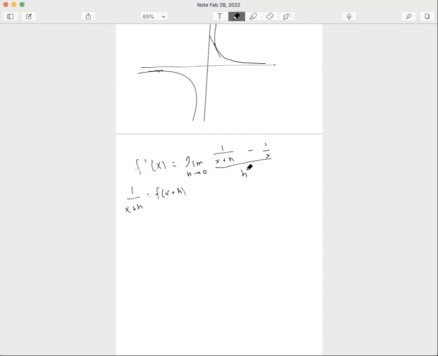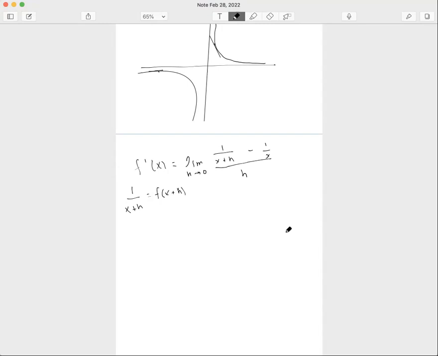All right, someone tell me how you calculate this limit. What would your first step be? How do you deal with complex fractions? Common denominator, yeah.